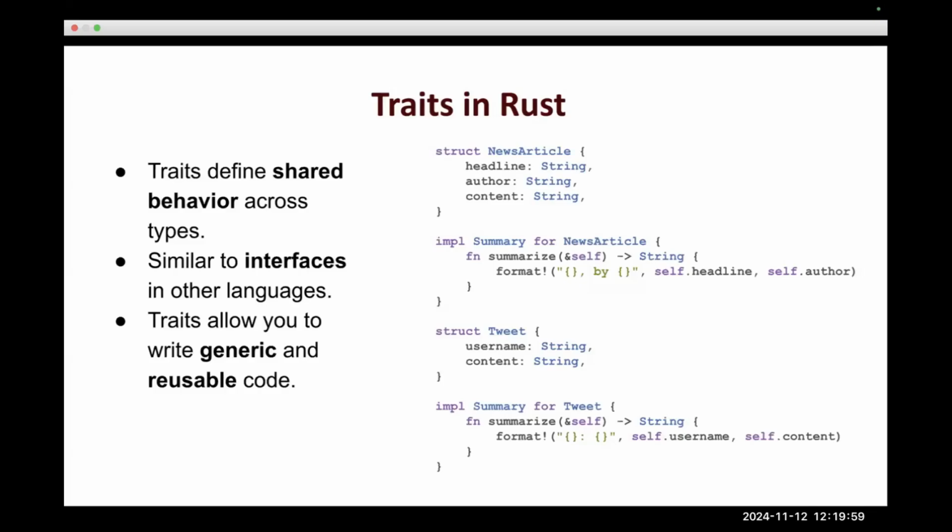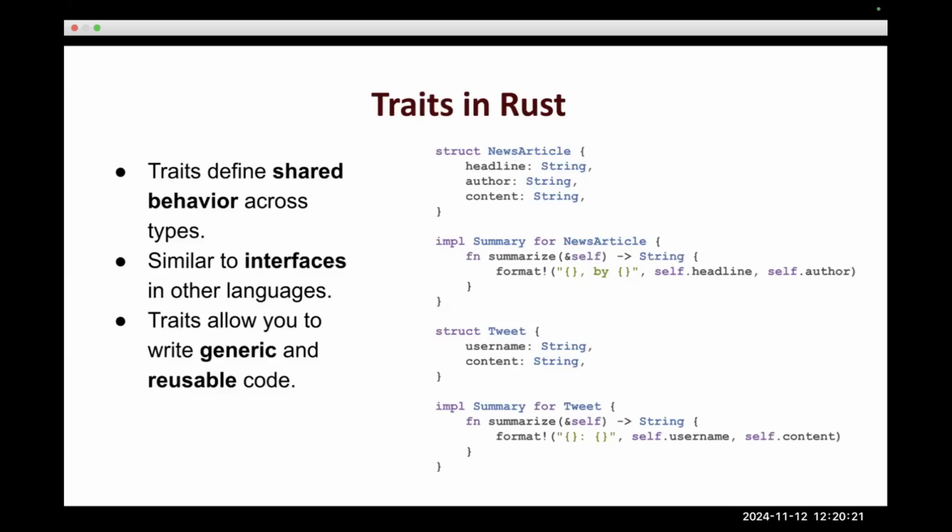The trait itself is Summary, but the real implementation is done with the summarize function. And you can do the same thing for a different structure, but using the same Summary.